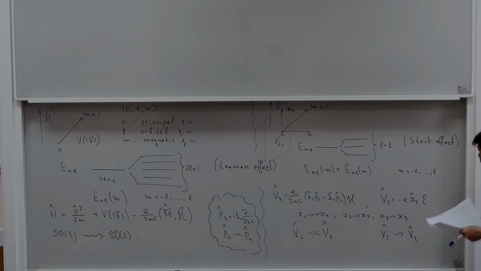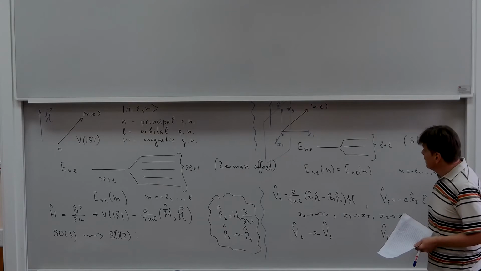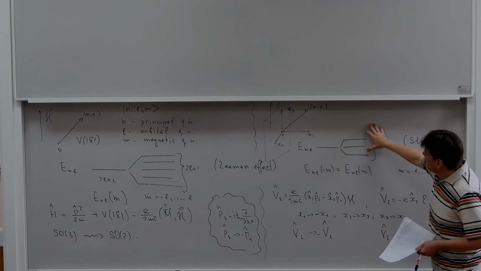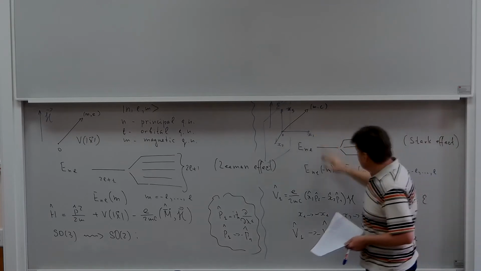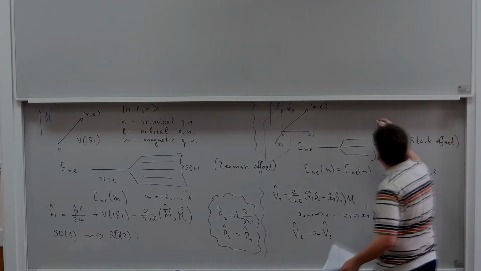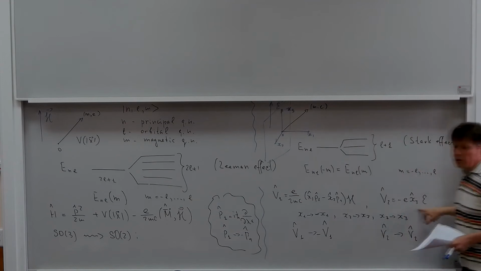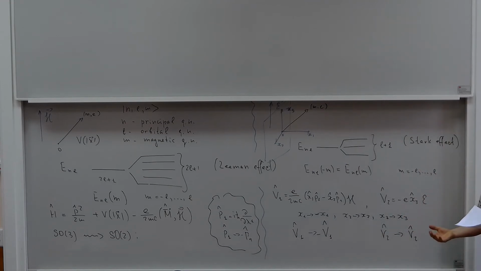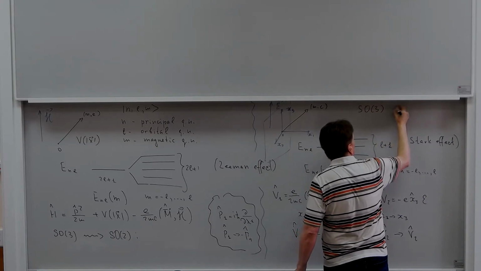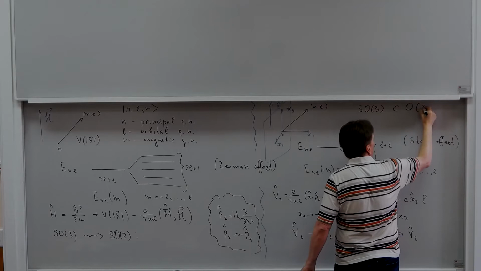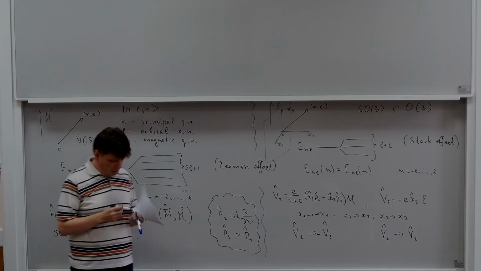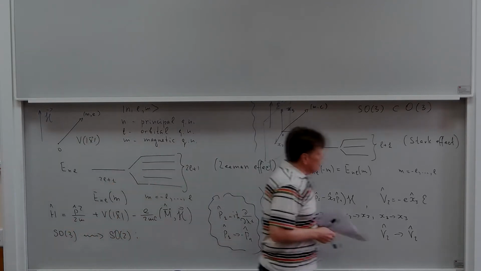So we thus conclude that the symmetry group of the Stark effect, or the symmetry group of the electric interaction, can be extended by the reflections in space. So we can extend it from SO3 to a bigger group, O3, the full group of orthogonal transformations in three-dimensional space.